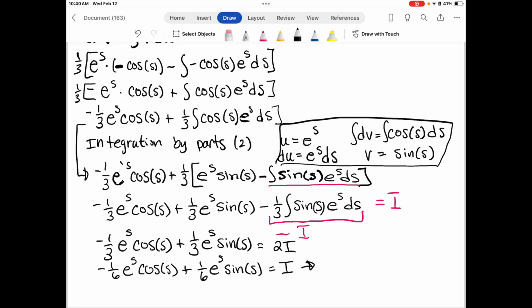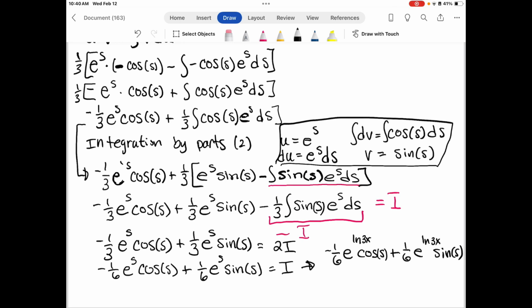So I'm going to have minus 1/6 e to the natural log of 3x cosine s plus 1/6 e to the natural log of 3x times sine s. And all this is equal to I.